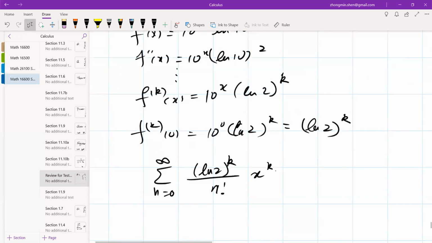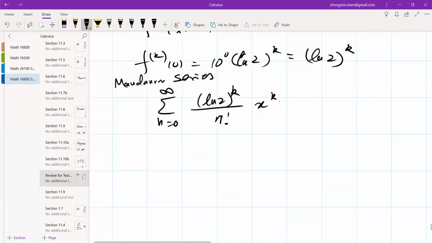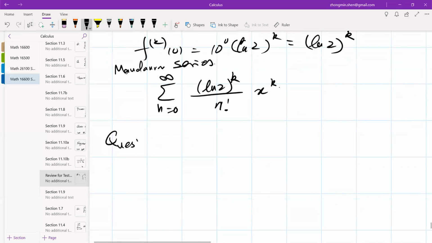Okay? This is the Maclaurin series. The Maclaurin series is just this. So you still have the question whether this is going to be convergent to the function. Right? Question: is 10 to the x equal to this?